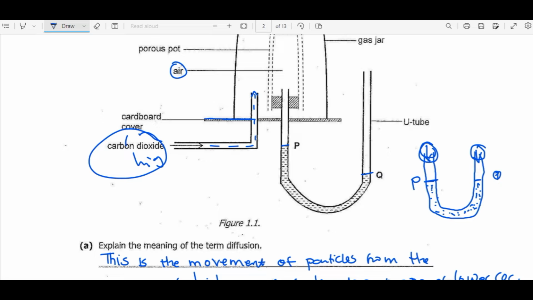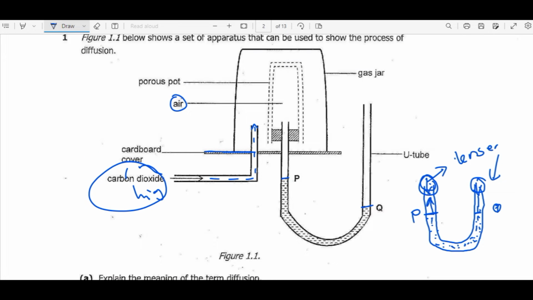Now what happens in a case where this air becomes less dense than this one here? Whenever it becomes less dense, then this water will push out. Since this one is more dense, this will push water down. I'm sure you are getting the picture of what happened here. Now what made this air become less dense than this side here? The introduction of carbon dioxide.